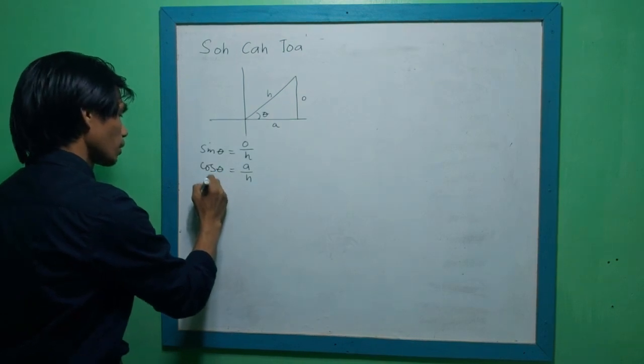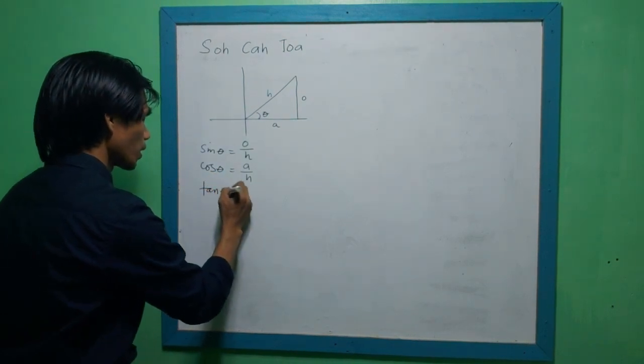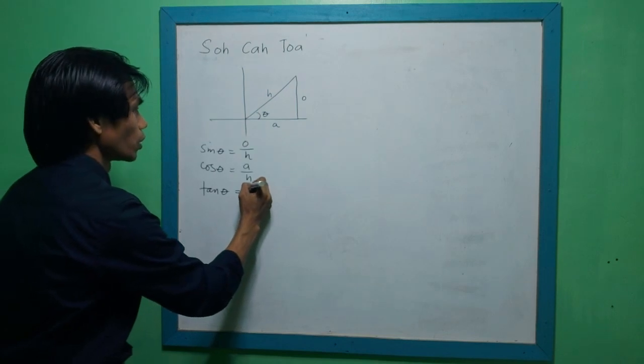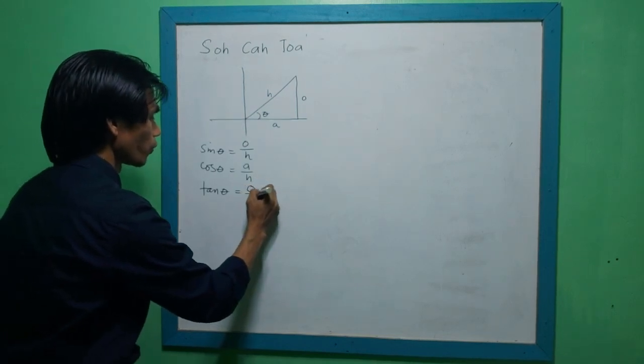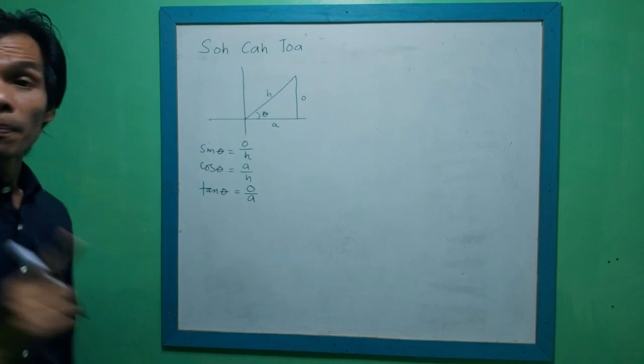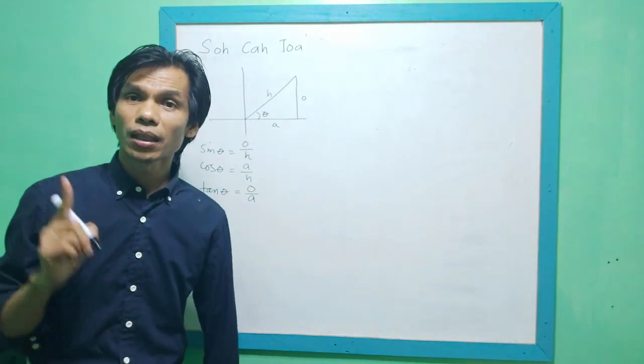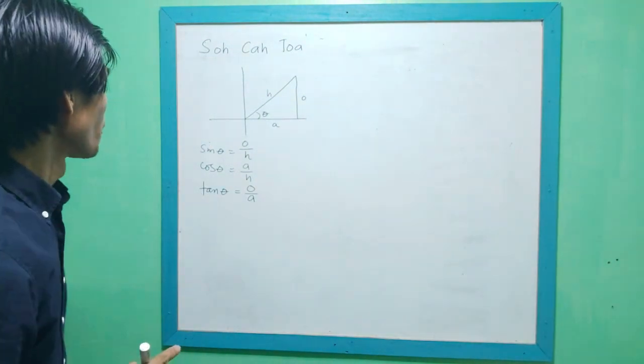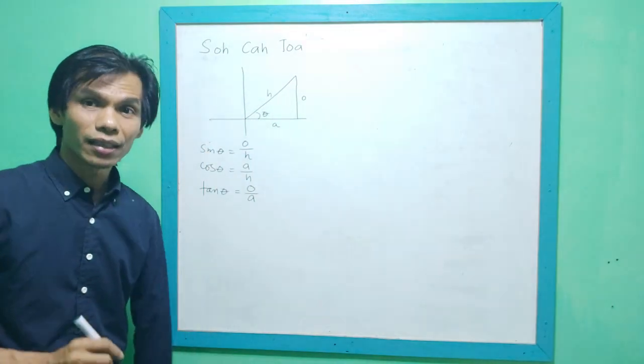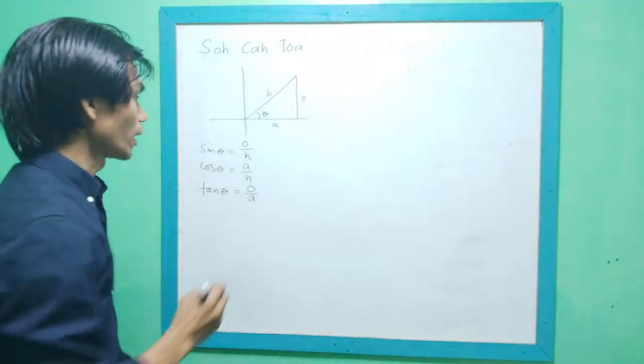And then, tangent of theta is equal to the opposite over the adjacent. Meron tayong tinatawag na mga reciprocal identity. Ang reciprocal ng sine is cosecant.